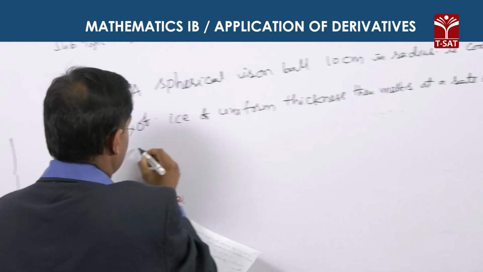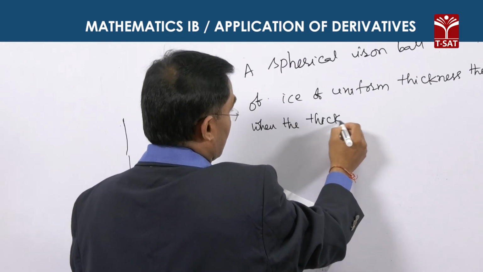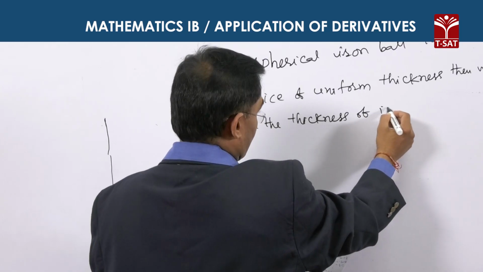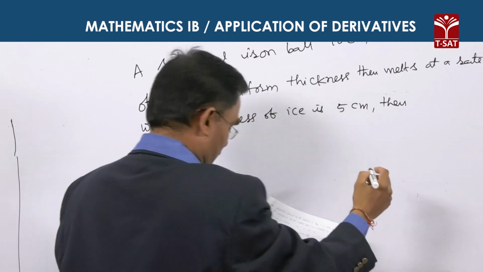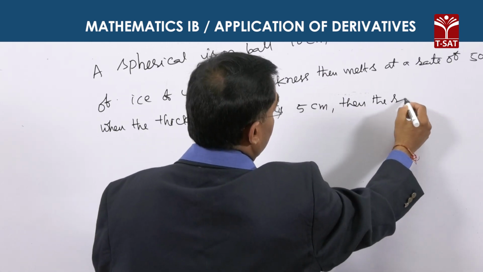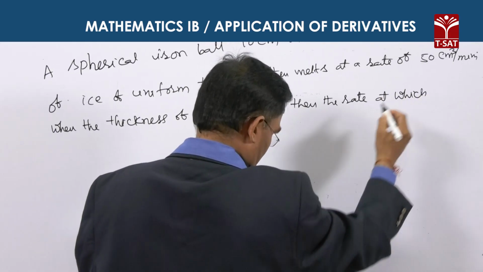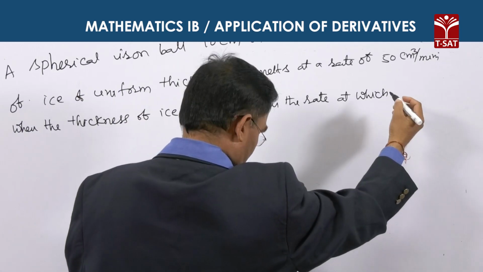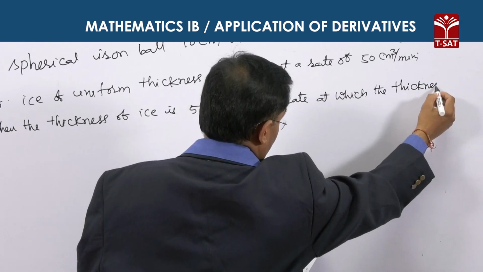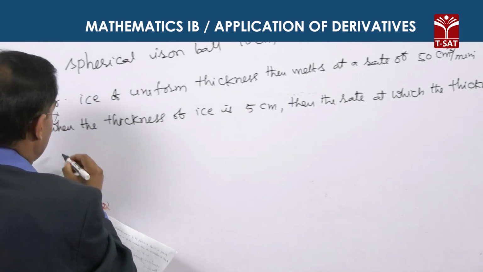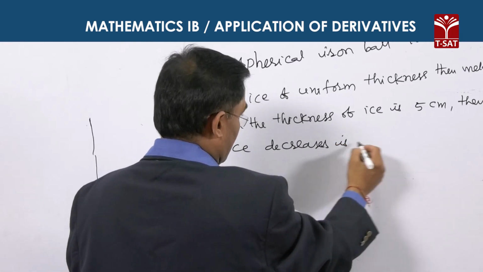When the thickness of ice is 5 centimeters, then the rate at which the thickness of ice decreases is dash.